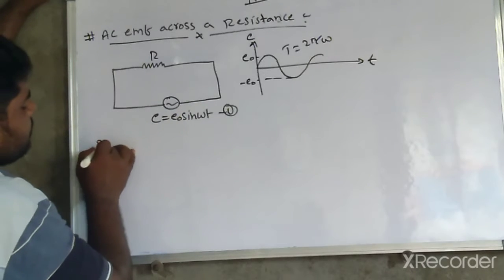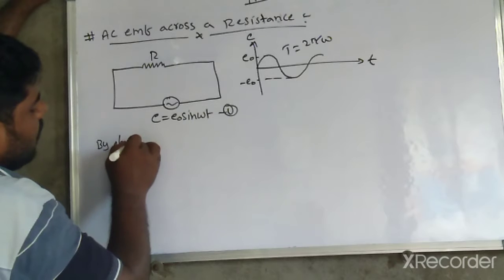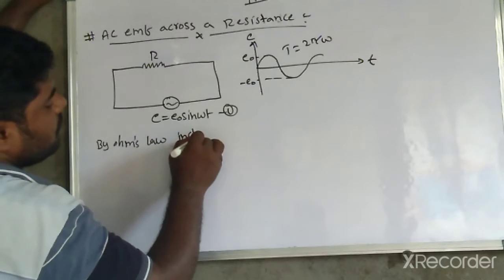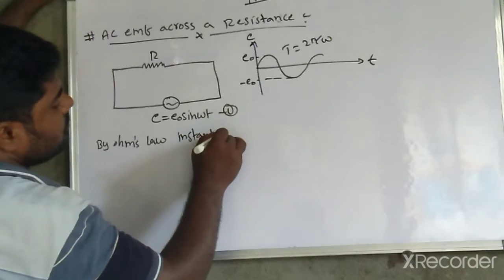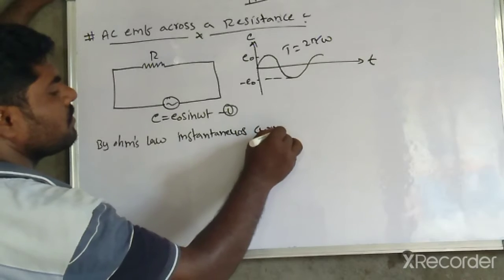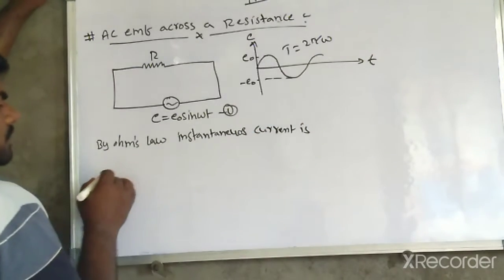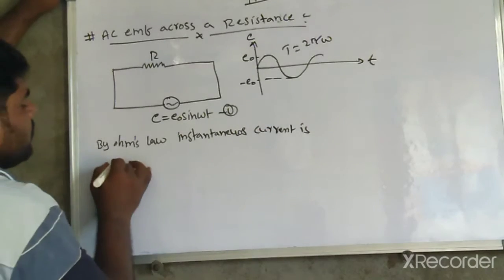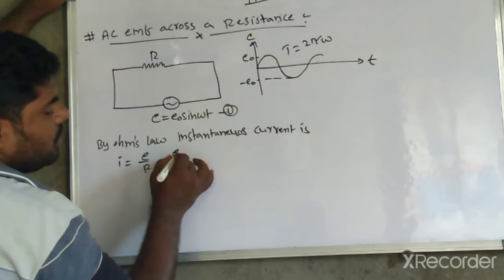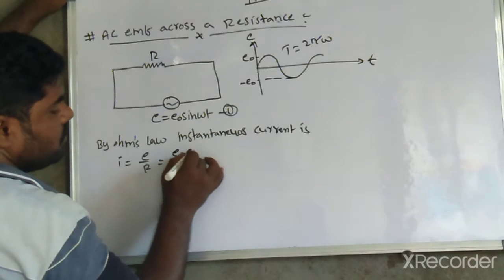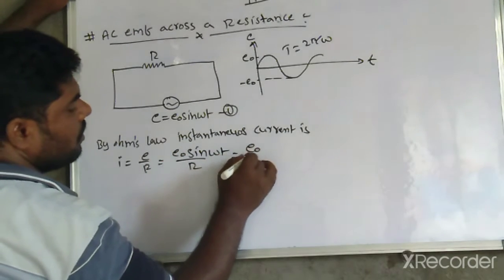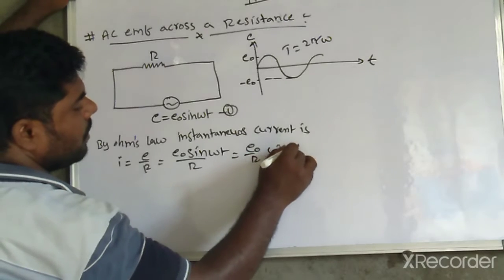So by Ohm's law, the instantaneous current I is equal to E by R. The E value from equation 1 gives E naught sine omega t divided by R, so E naught by R into sine omega t.